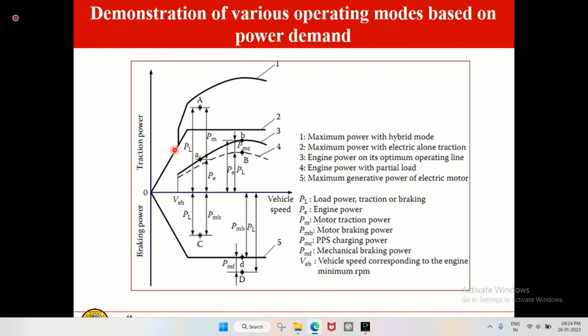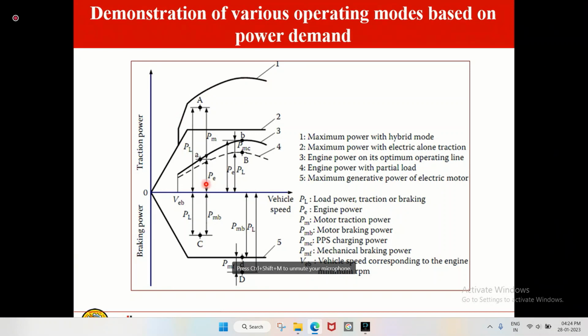For example, this straight line is showing the motor's maximum power with electric alone traction. So the power that is being delivered by the electric motor, and then here the power that is being delivered by the ICE engine at full load conditions, and the power delivered by the ICE engine at part load conditions. And then this one is showing the hybrid mode, that is the power obtained from the engine as well as the electric motor.